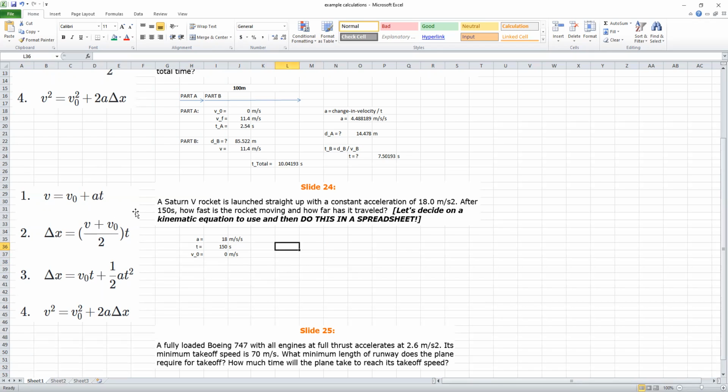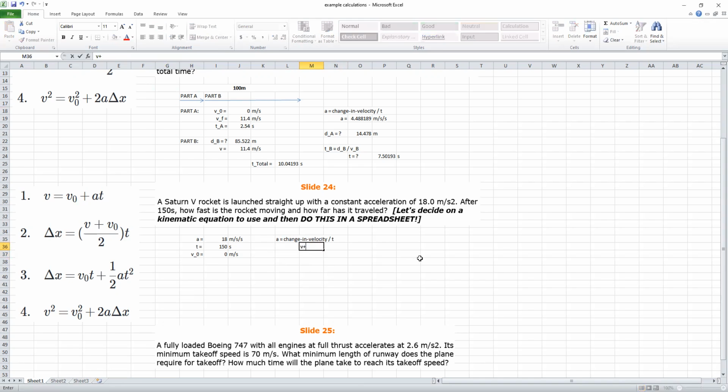So I will take this formula here and remind ourselves that acceleration is, as we said before, the change in velocity over time, and then realize that the change in velocity is the final minus the initial velocity. And so since the initial velocity is 0, it really just becomes this.